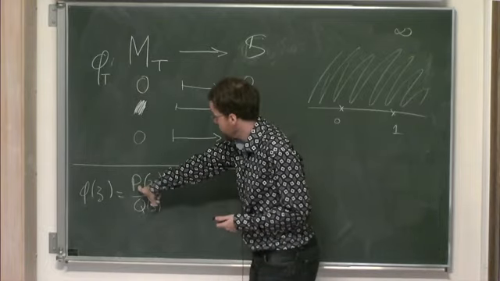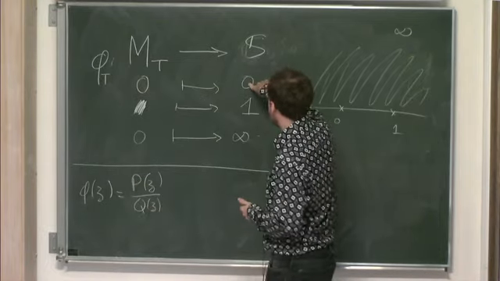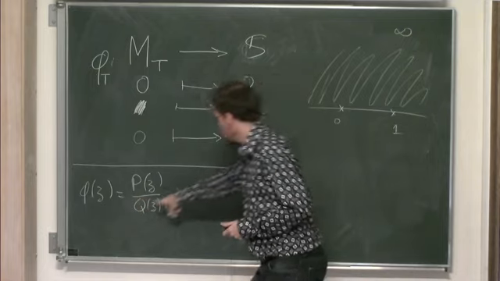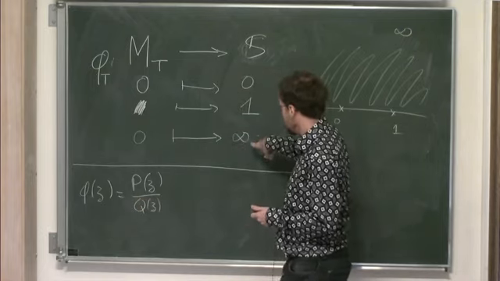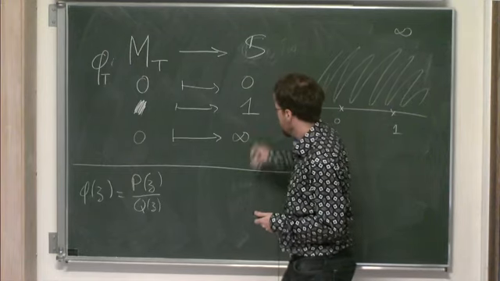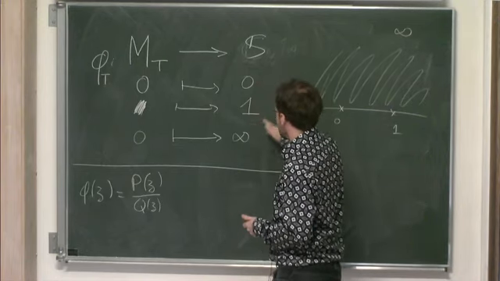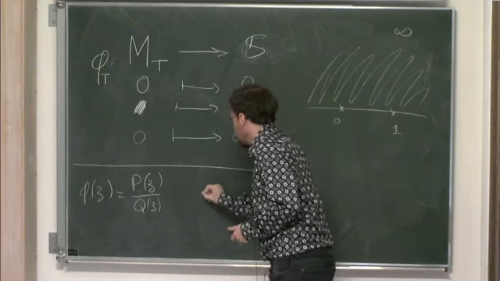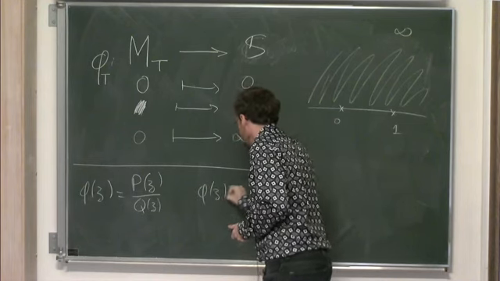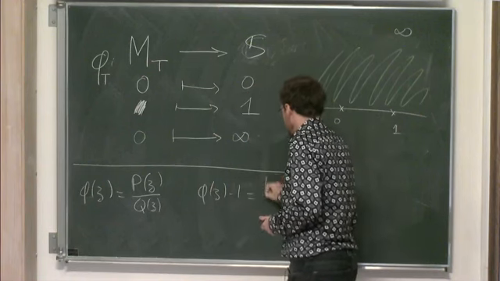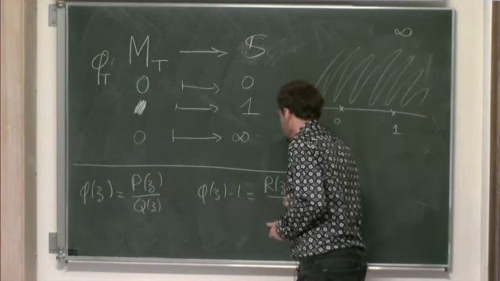The zeros of p are the zeros of phi, so they are these points. The zeros of q are the poles, so they correspond to these. And to obtain the points where you take value 1, you look at phi of z minus 1. And this should be some ratio r of z over q of z.